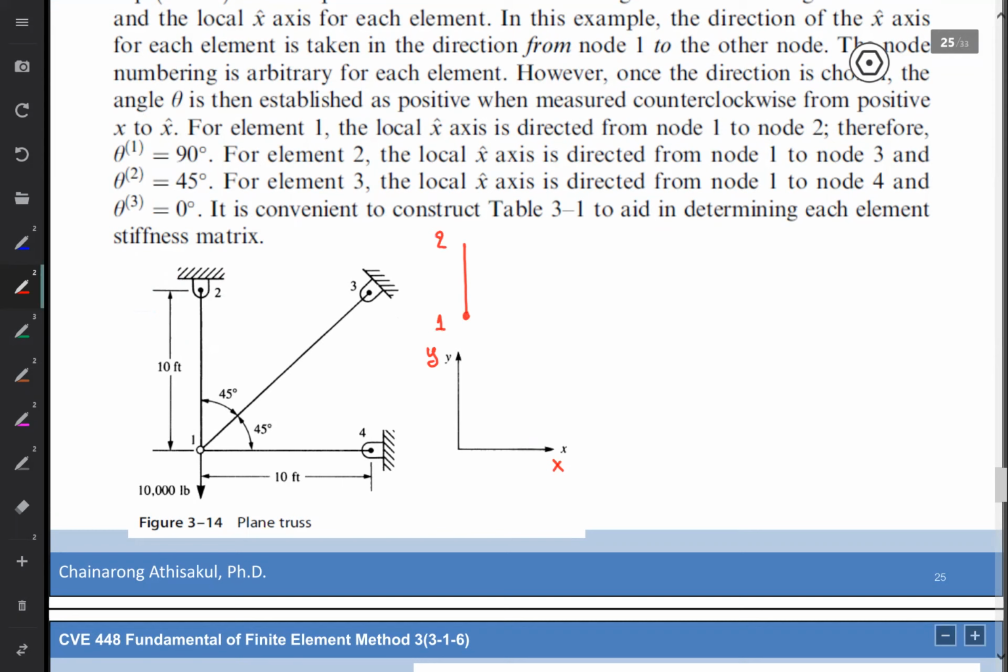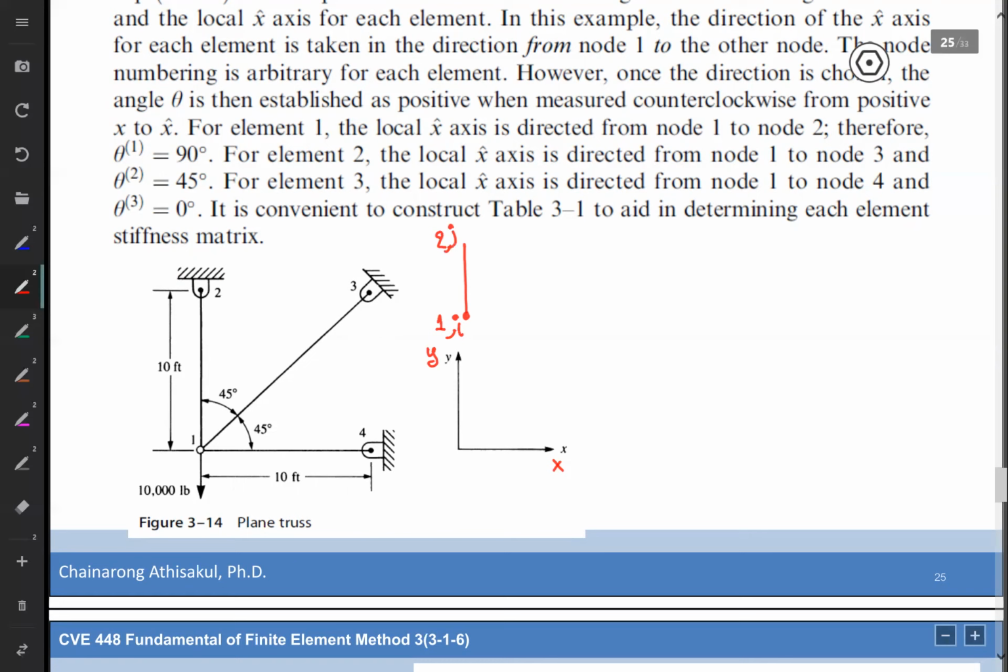We set up the direction in local coordinate, with node number 1 as the starting point. That means node number 1 represents node I for local, and node number 2 represents node J for local.